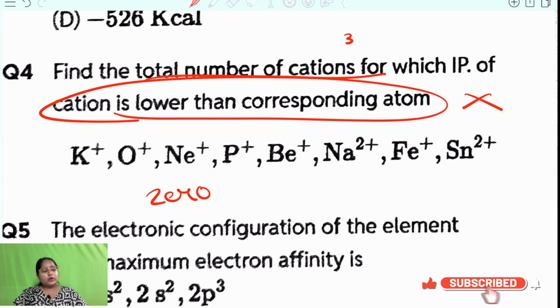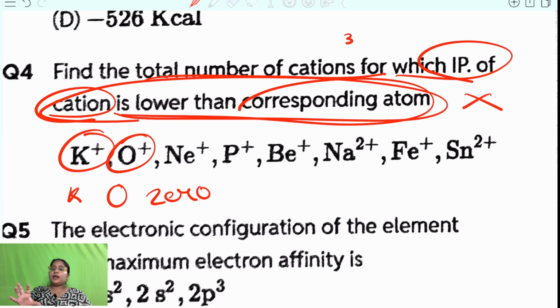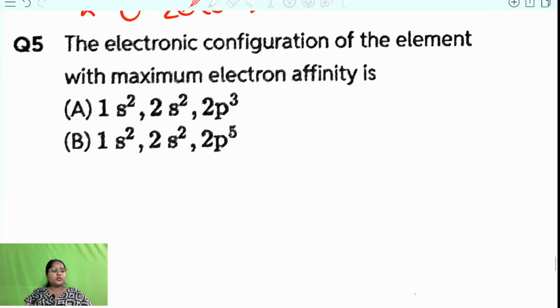Find the total number of cations for which IP of the cation is lower than the corresponding atom. They are saying K plus is lower than K, O plus is lower than O. How is it possible? Not at all possible. We know K means first IP, K plus means second IP. Second IP will surely be more than the first IP. So the answer is 0.